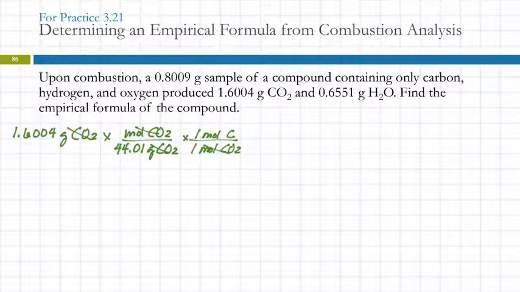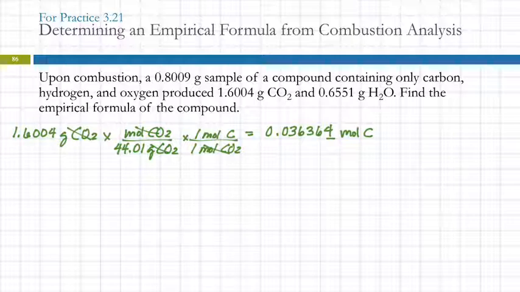So I want this number in here, so I'm going to do the calculation here and write that down. 0.03636, 245. I'm going to throw caution to the wind and only use the minimum number of sig figs here. That would be moles of carbon.